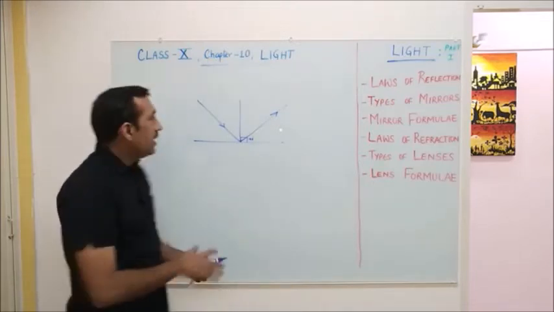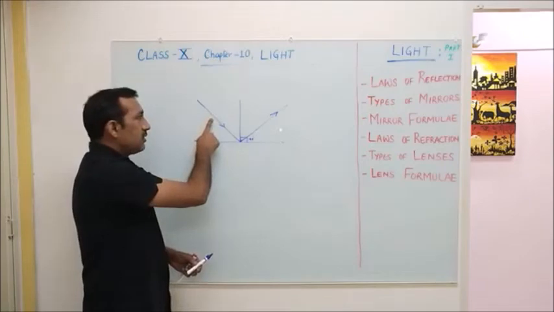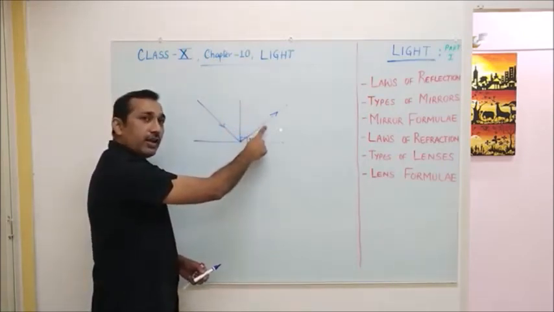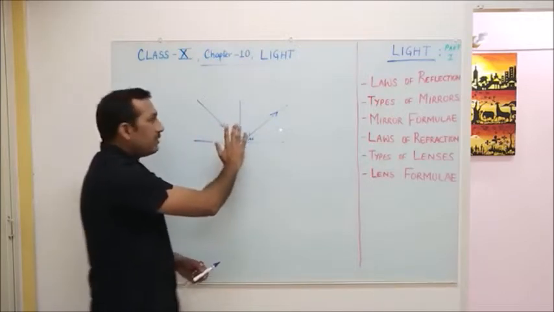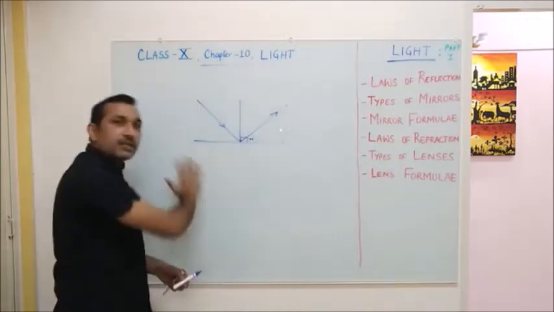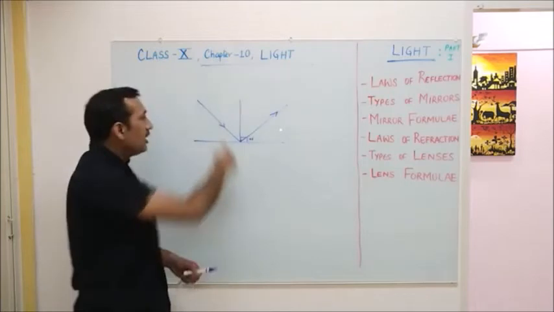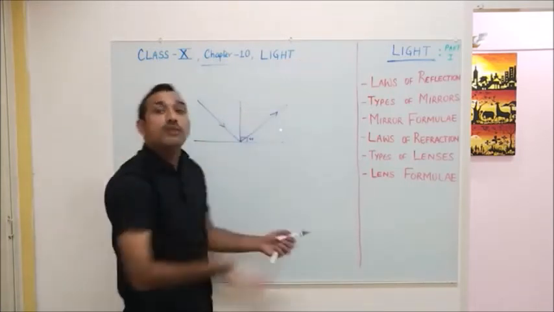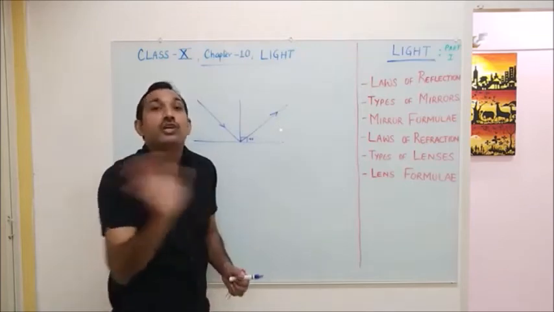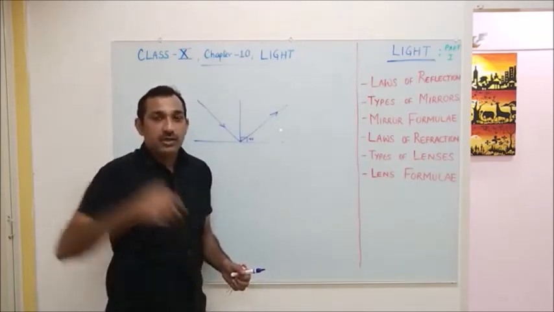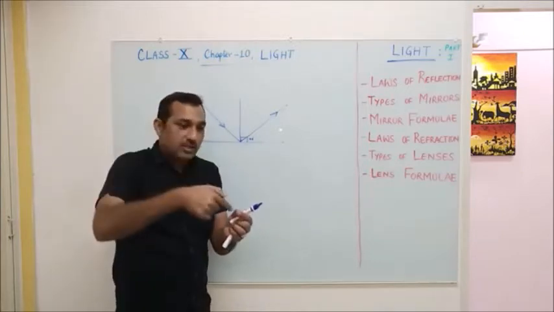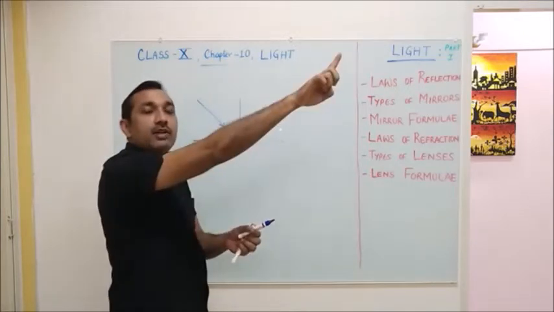It means this ray, normal and reflected ray, if I see a plane, all are in the same plane. That means if the ray is coming like this, it will not go in any other direction. It's not a 3D structure. Light is not coming like this and going in some other direction. It's coming in this, the normal is here and the reflection is here.